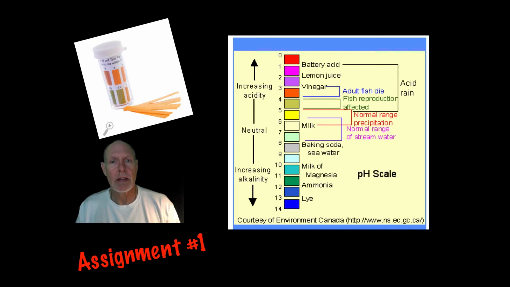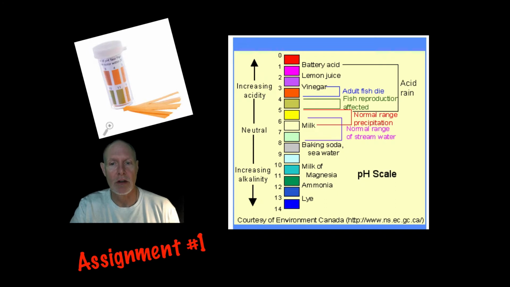The first one is I'd like you to take a look at all of the data that you've collected with the pH materials, the pH of the materials that we looked at in class. And I'd like you, in your notebooks, to create a chart that looks similar to this one right here. You don't need to add the colors to it, but I would like you to have the entire pH scale written out from 0 to 14, and just like they've done here where they have included battery acid, lemon juice, vinegar, those kinds of things, I want you to put in the items that you've tested and put those on the chart.